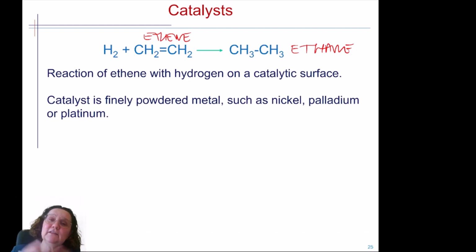So in this case you have a solid catalyst, finely powdered, because you want a large surface area, so it can interact with many molecules at the same time, and it's just a meeting point for those two molecules to meet each other and react. And that provides an alternative path with a lower activation energy, and the reaction happens much faster.